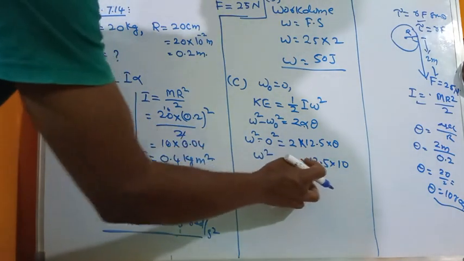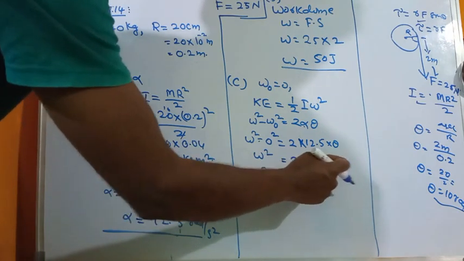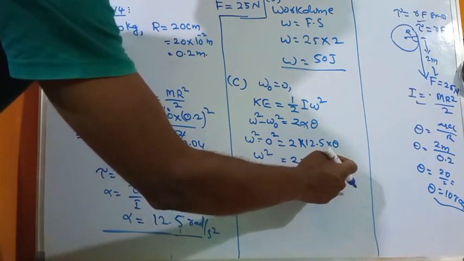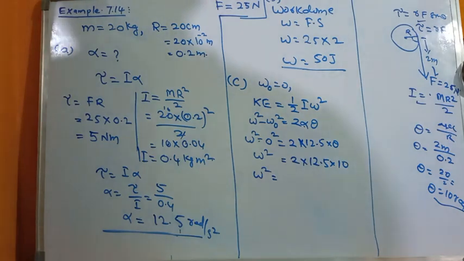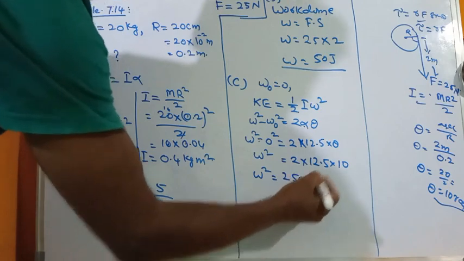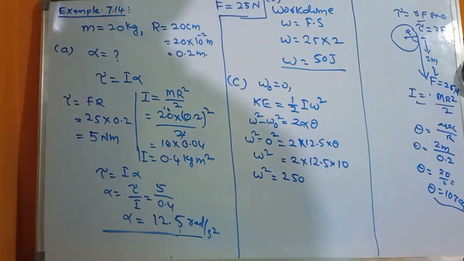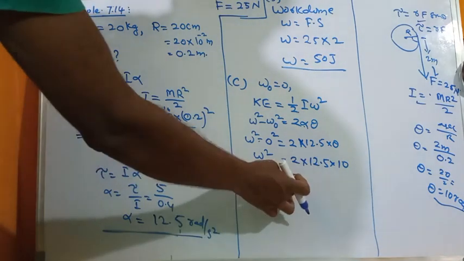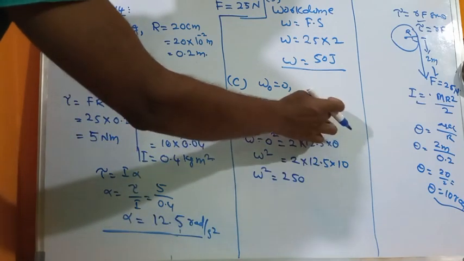Sorry, 12.5 into 2 is 25, and 25 into 10 is 250. So omega square is equal to 250.